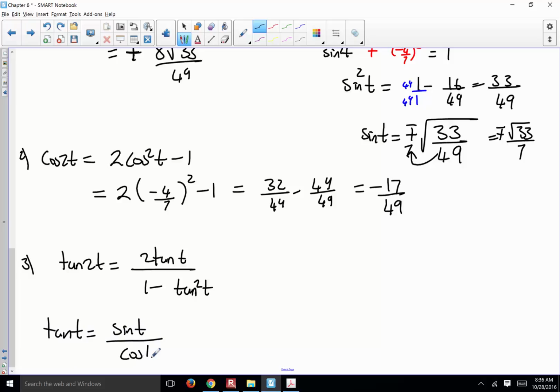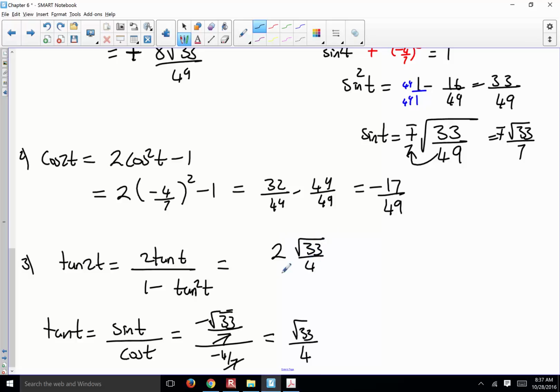In part A, we found sine t, which was negative root 33 over 7. And in part B, we were given cosine t, 4 over 7. And I cancel this, it's positive root 33 over 4. That's what tangent t is. So we have 2 root 33 over 4, over 1 minus 33 over 16.